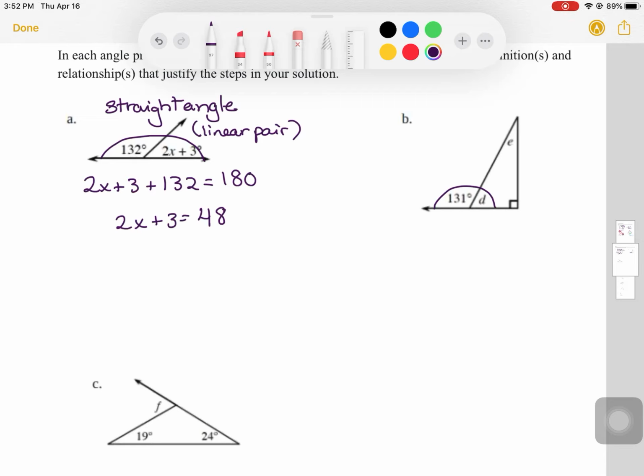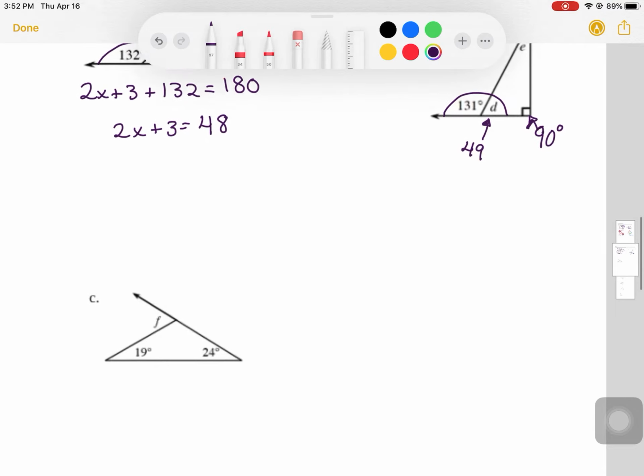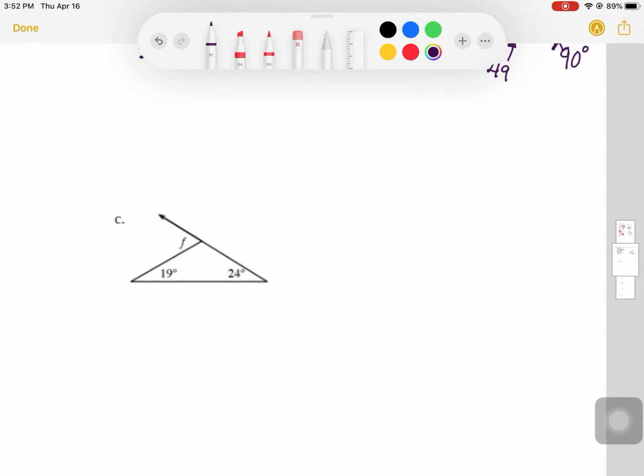So we can use that same idea of subtracting 131 from 180. So D has to equal 49. You've got this right here going on, which you have to recognize as a 90-degree angle, and then you simply subtract the 90 and the 49 from 180 to get E.